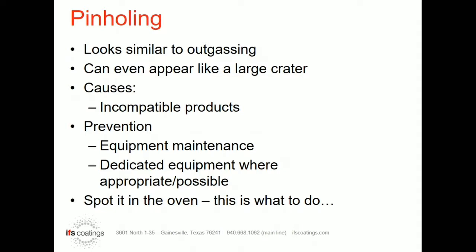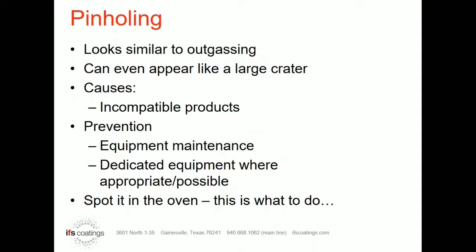If you do large jobs but switch powder types often, maybe even having dedicated equipment for different colors or different products is a good idea as well. In some cases, if the pinholing is showing up in the oven, you can turn up the oven temperature and cure out the contaminants. Jason, have you got anything else to add on that one?